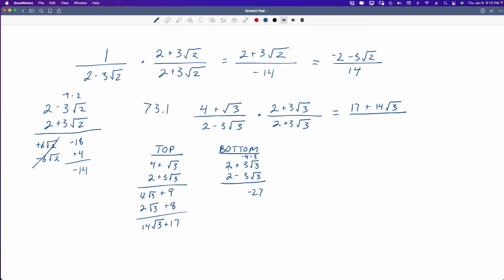Negative 3 times 2, that's going to be a negative 6 times the square root of 3. Positive, positive, that's going to be a positive 6 times the square root of 3. 2 times 2, that's going to be a positive 4. These cancel. This is a negative 23. We don't like to have negatives in our denominator, so it's a negative 17 minus 14 times the square root of 3 over 23.